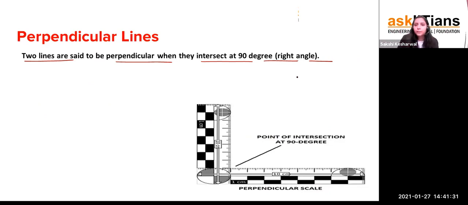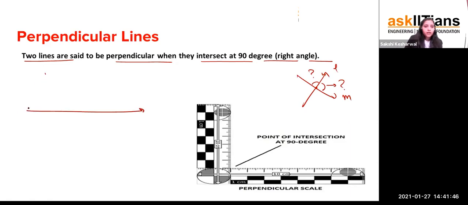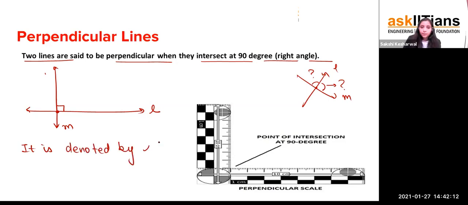If I make a line like this and like this, it is intersecting, and you don't know the angle, you don't care about the angle, but we say lines L and M are intersecting. But if I make a line like this and a line like this, they intersect at a common point at 90 degrees. We write this as line L and this is line M. This is a simple way. It is denoted by L is perpendicular to M.